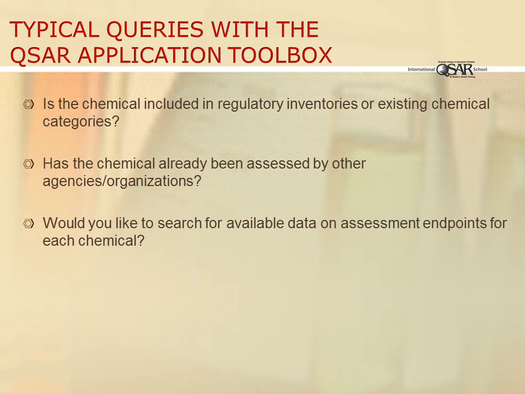If you are given a chemical and have to go out into the internet and do a chemical search and start pulling together all of the different fields that would constitute important assessment endpoints, you could be looking at a fairly long job.